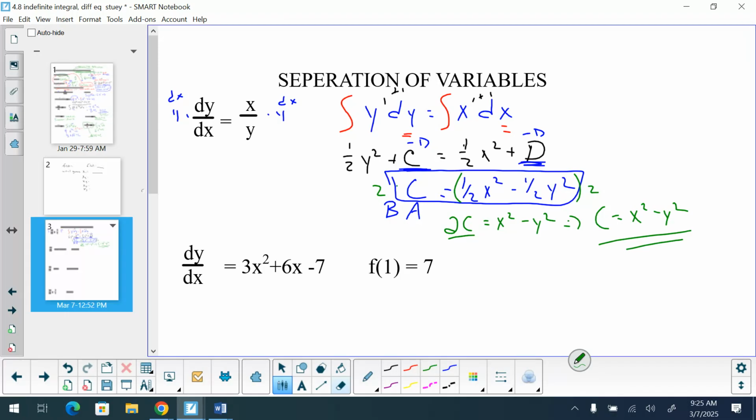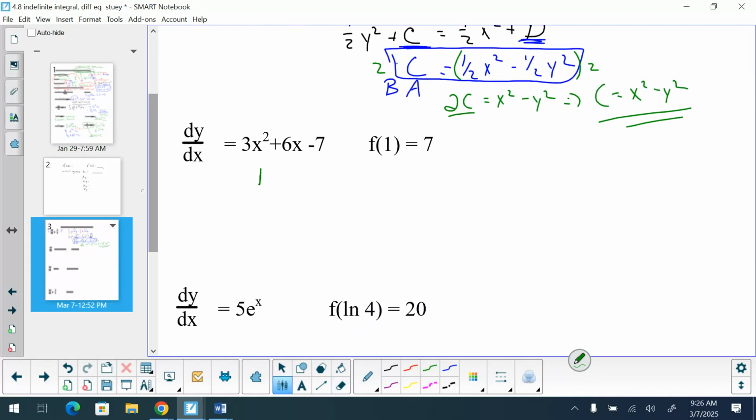Very quickly, the last one here. If we separate our variables, dy is equal to 3x squared plus 6x minus 7 dx. If we take the antiderivative of dy, it will just give us y, and dealing with our antiderivative, y is equal to x cubed plus 3x squared minus 7x plus c.